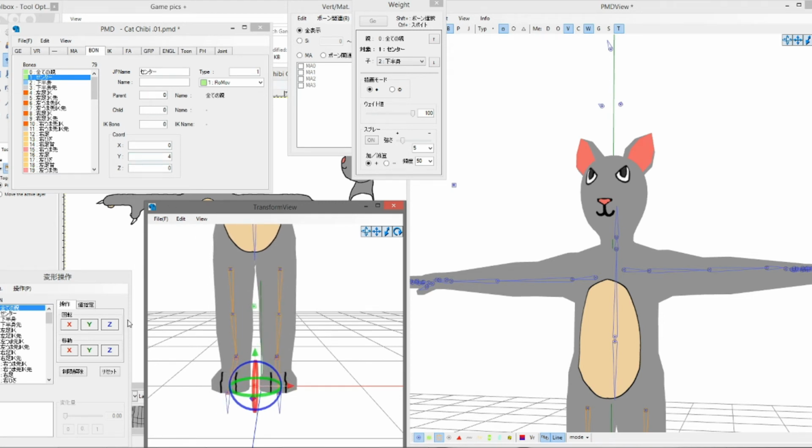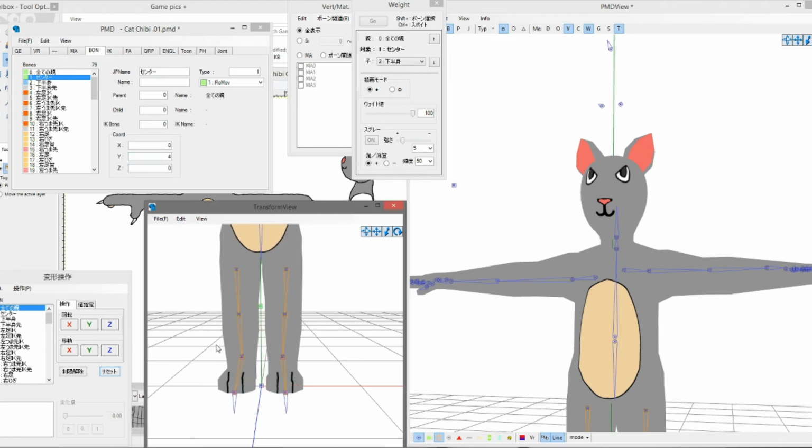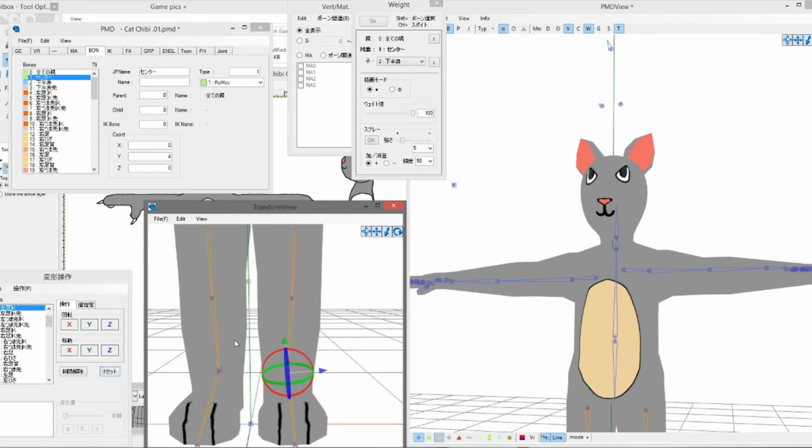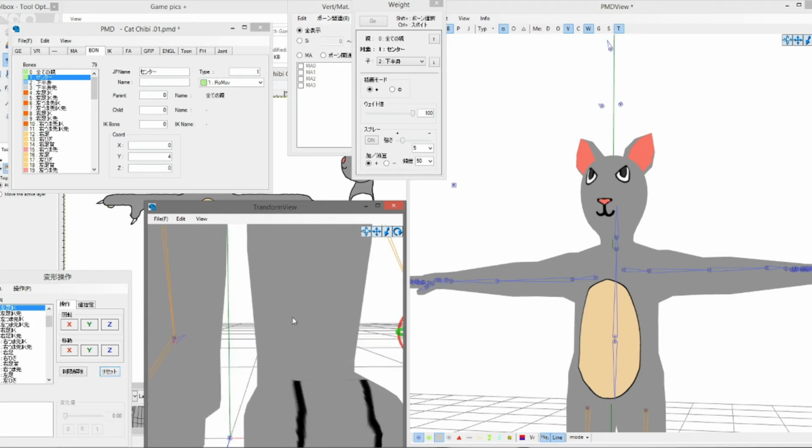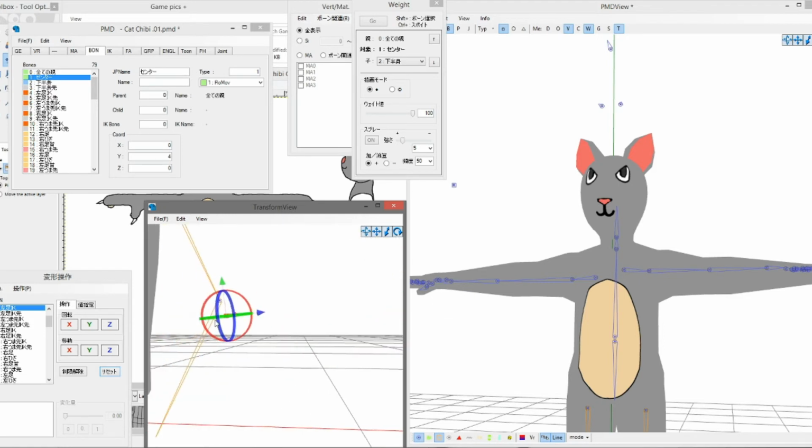But to actually have everything move respectively, you want to take this bone, which is the square, not the circle, which is part of the yellow bone, but the square bone, and move that.